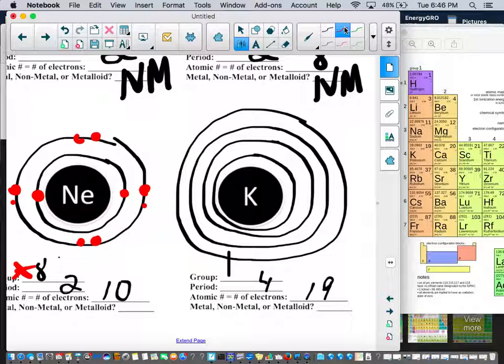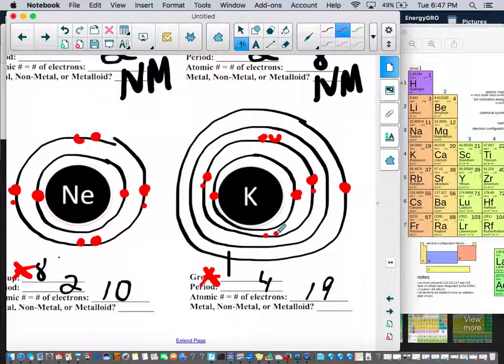All right. Okay, I'm going to try this a little different this time. It has 19 total. It is found in group 1A, so in that outside shell we're going to have 1. Okay, so I do know that. Now I'm going to start from the inside again. 2 here. Then 1, 2, 3, 4, 5, 6, 7, 8, only 8 on the second one.